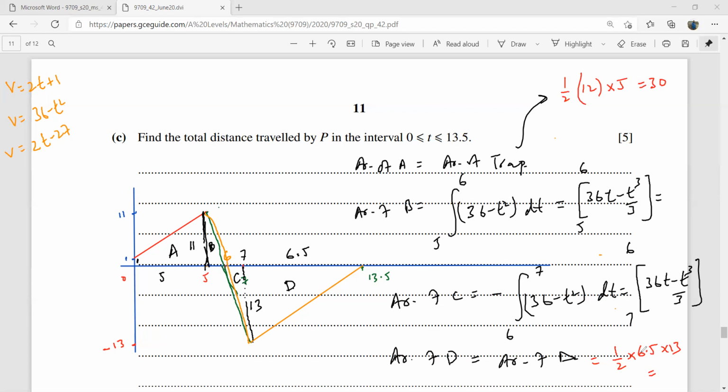This is 6.5 square actually, Hannah. 6.5 square. That is 42.25. This one is 17 by 3. And let me find this one.